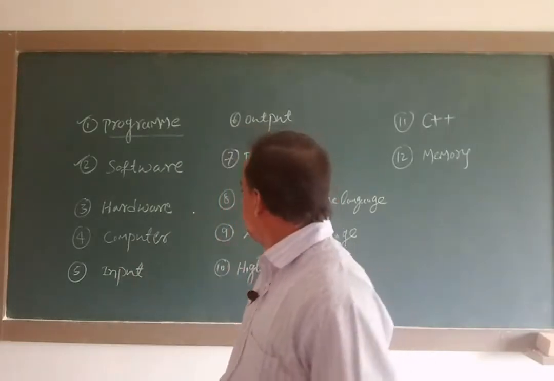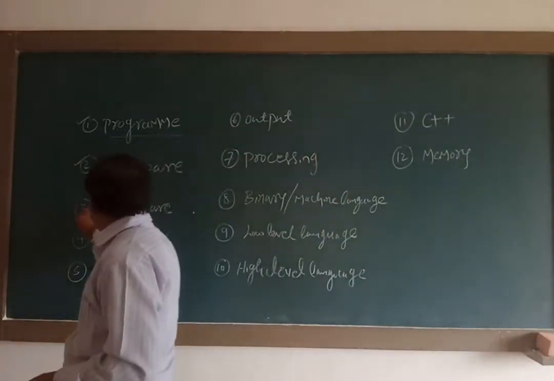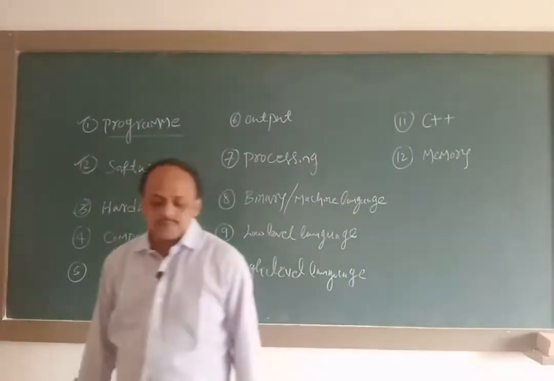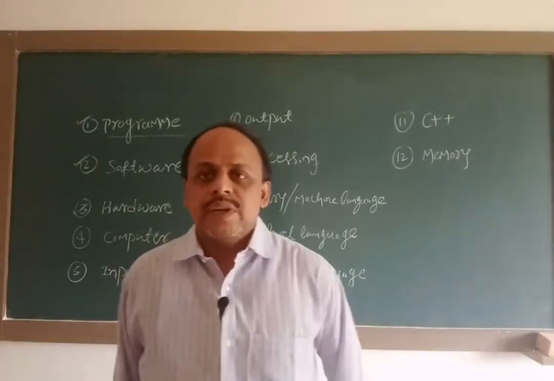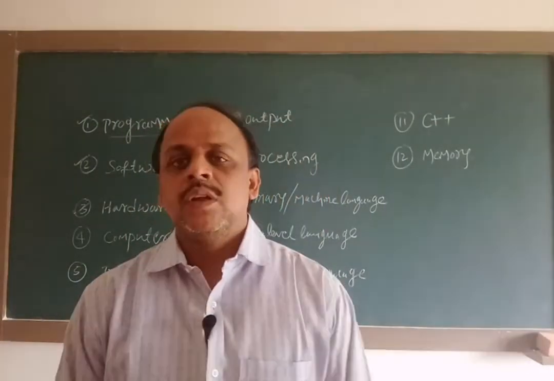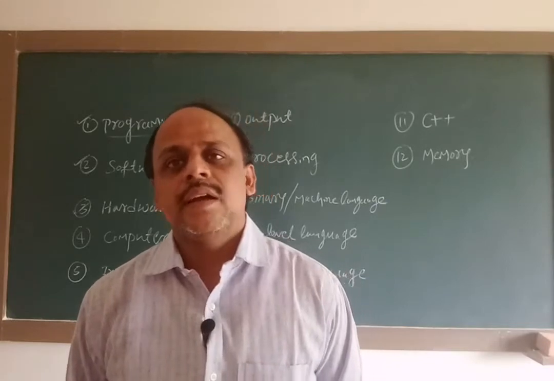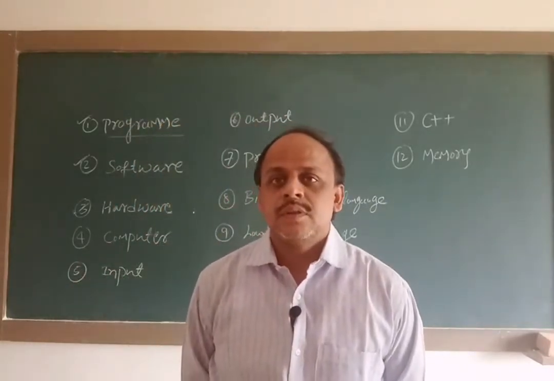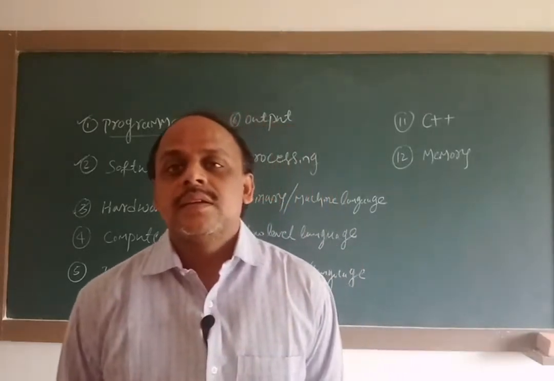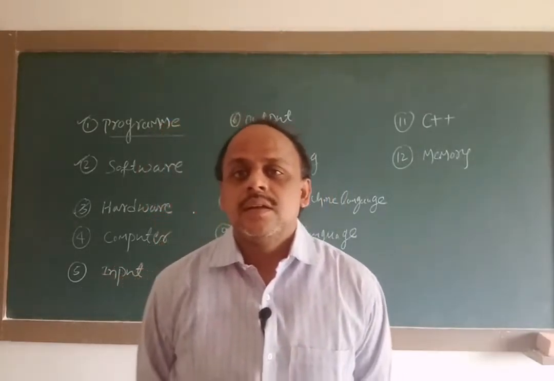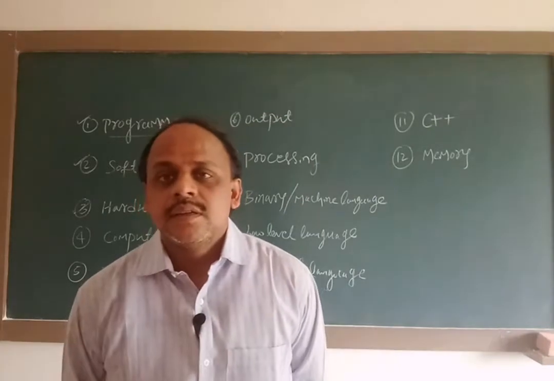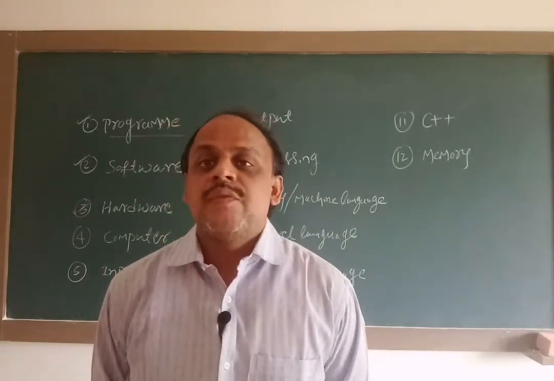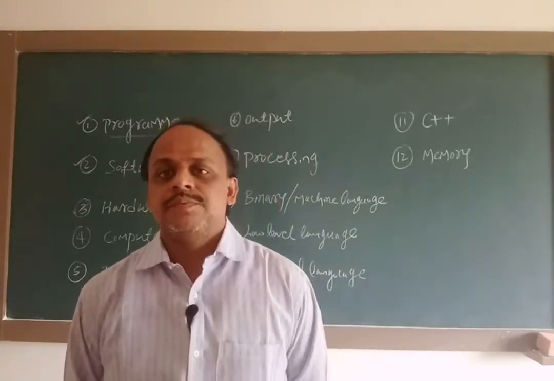And the next term, the third one, is hardware. This is also a very common term while discussing software and hardware. What is hardware? Hardware is nothing but a physical component of a computer system.